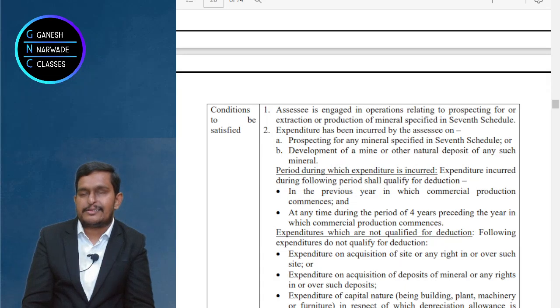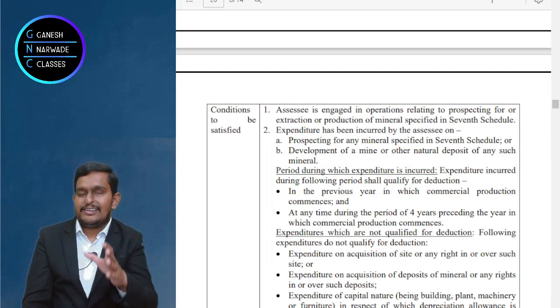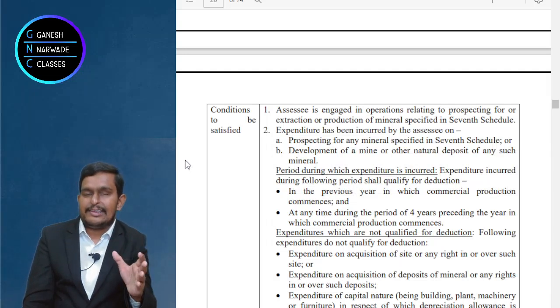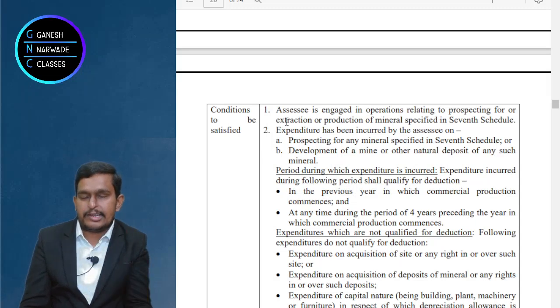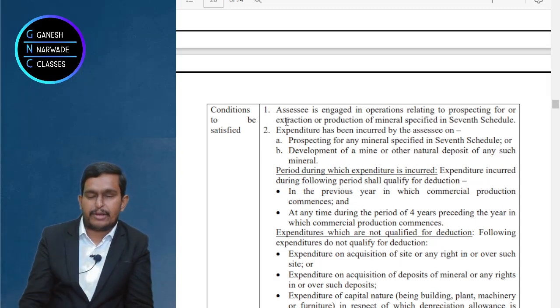Suppose your business is starting in 2021-22, then 2020-21, 19-20, 18-19, 17-18, like that 4 years. And within 1 year means if you are starting in 21-22, then 21-22 it would be. That is 1 year from commencement.